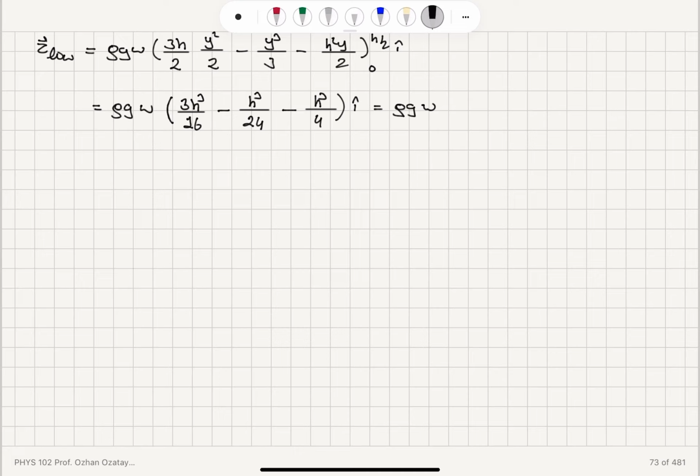So if I take this into 48 common denominator, then the first term I will have here is 9h cubed, because I have to multiply it by 3, 9h cubed over 48. Then I have minus 2h cubed, because of 24 I have to multiply it by 2.